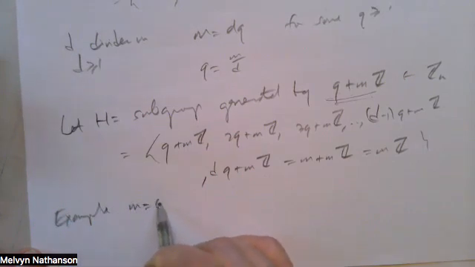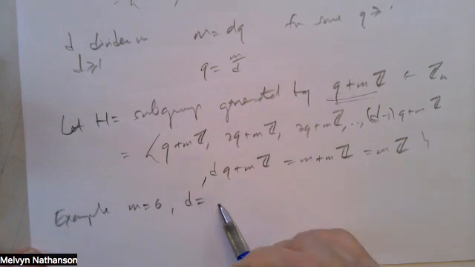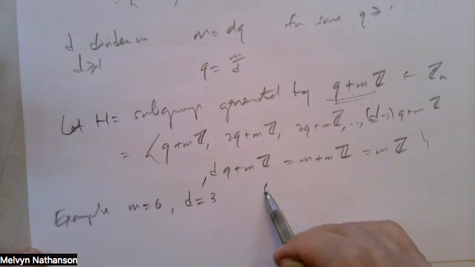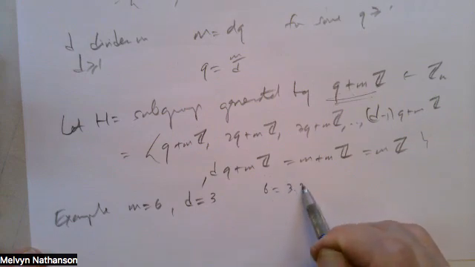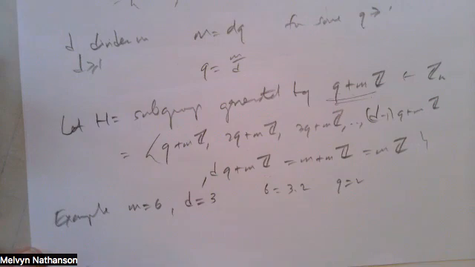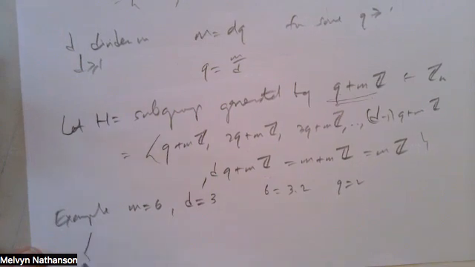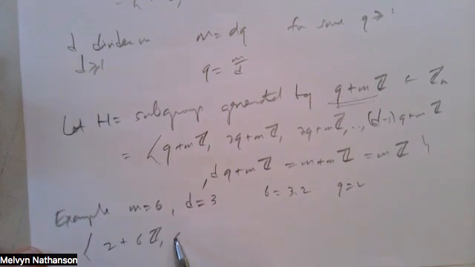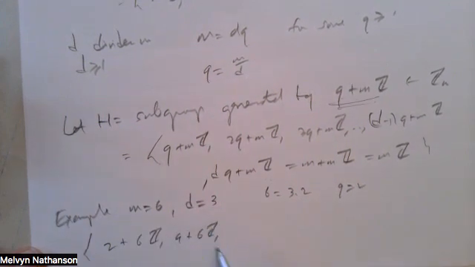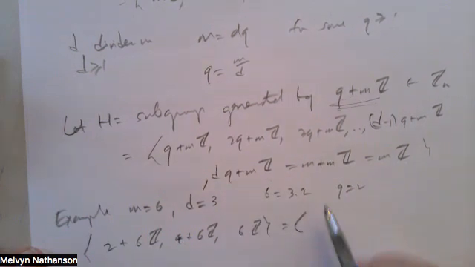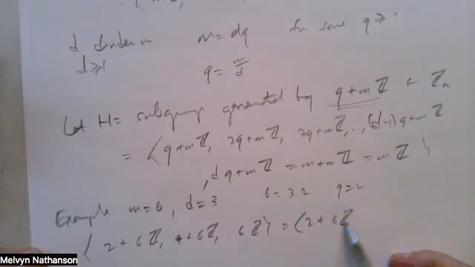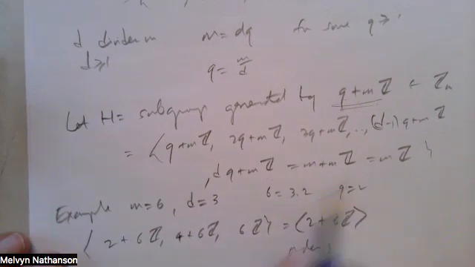For example, suppose I take M equal to 6 and D equal to 3. So 6 is 3 times 2, and Q is 2. So if I take the subgroup consisting of 2 plus 6Z, 4 plus 6Z, and 0 plus 6Z, or 6Z, this is the subgroup generated by 2 plus 6Z, and it has order 3. It has 3 elements.